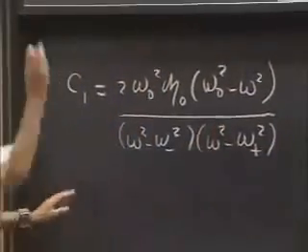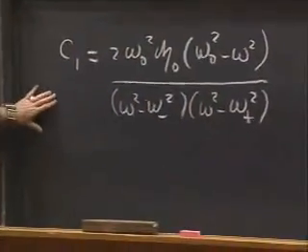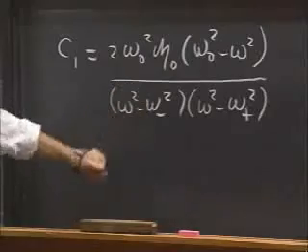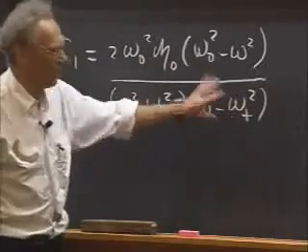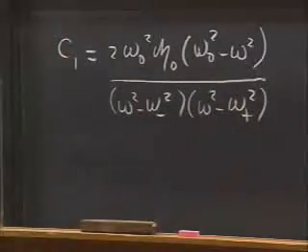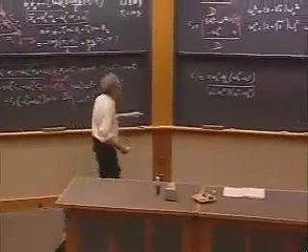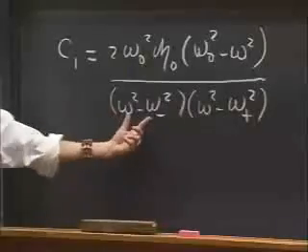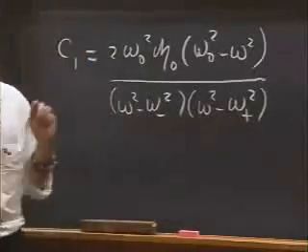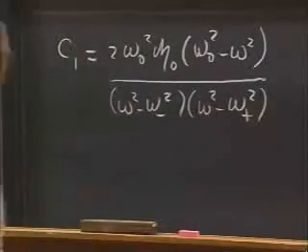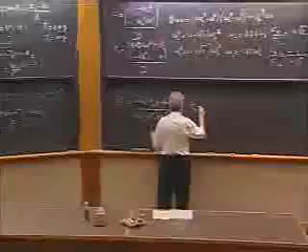That must be the same as what I have there, because when this one becomes omega minus, this goes to 0, and when this one becomes omega plus, that is also 0. So it's a different way of writing, gives you a little bit more insight. It reminds you that the downstairs will go to 0 when you hit those resonance frequencies. And so I will also write down C2 then.